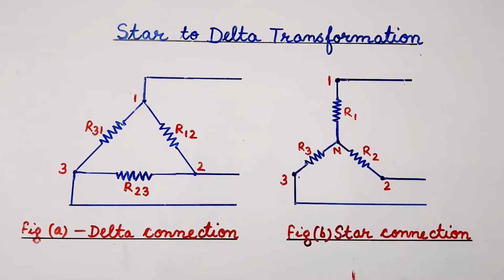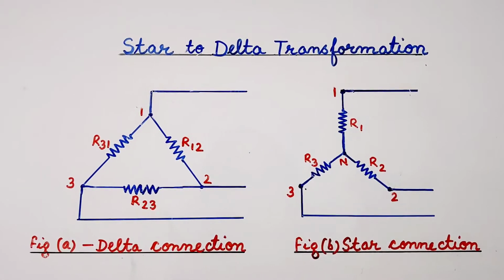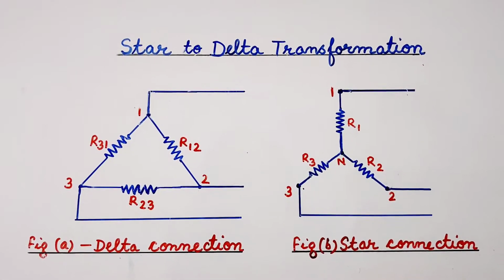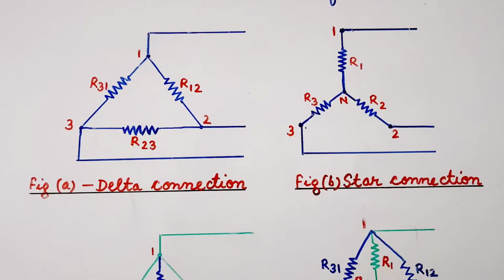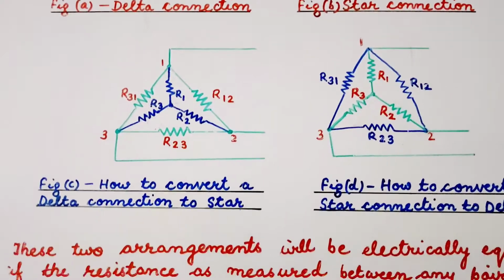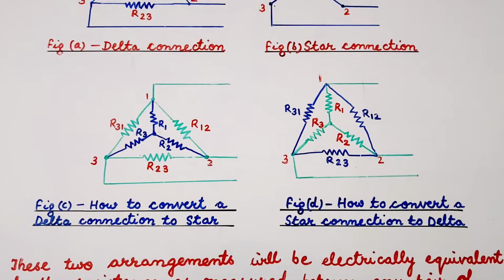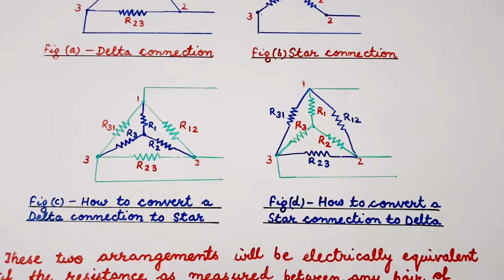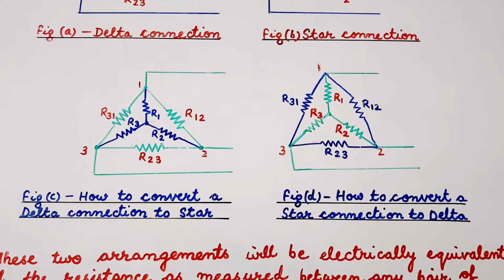In the previous lecture we have already discussed how to convert a delta connection to star connection. So let us see how we can do this. Figure C shows how we can convert any delta connection to star connection.